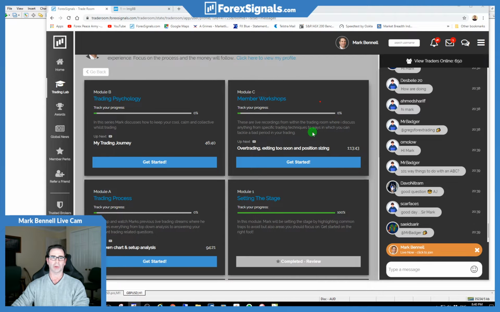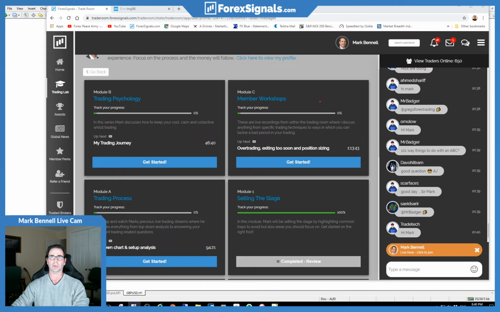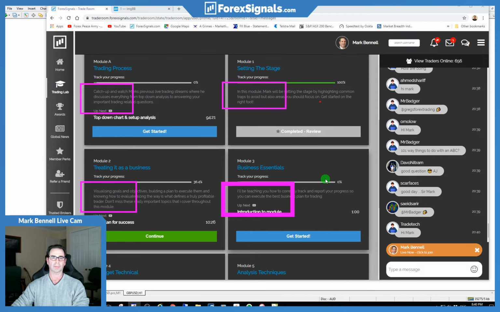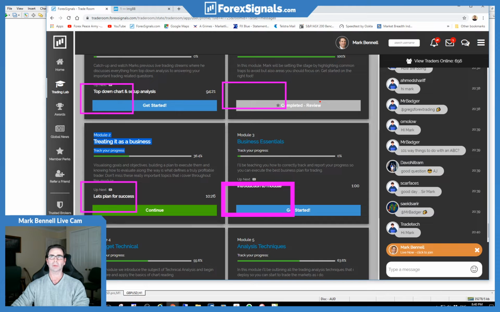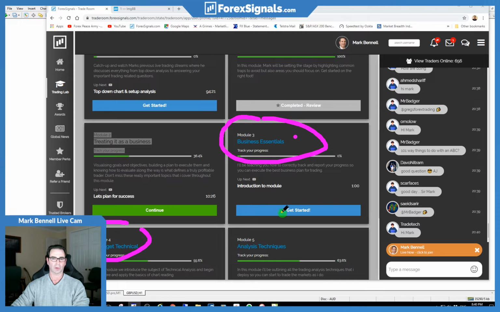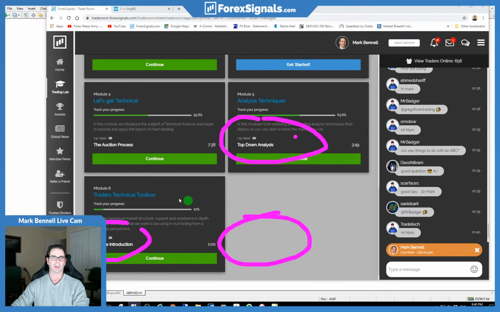So when you do go through this for the first time, there's workshop modules A, B, and C, but it's important that you start at the numbered modules. So module number 1, module number 2, module 3, 4, 5, and then module number 6.